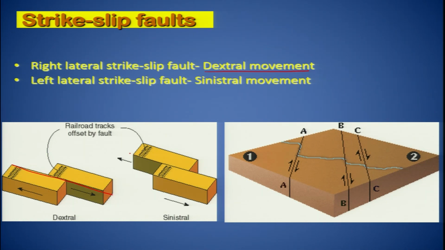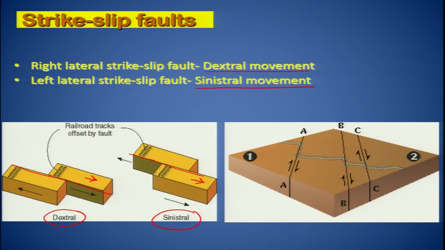And in this case, the right block is moving away and the left block is moving towards your side. So, in this case you have the dextral movement, and in the left lateral we say sinistral movement. You should keep in mind that if you have left lateral, then that is sinistral movement.